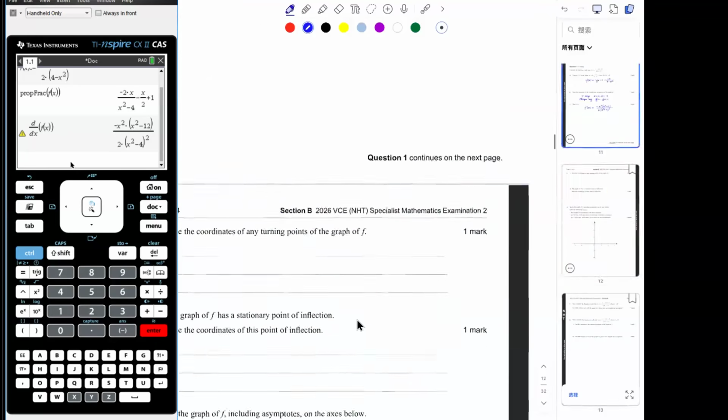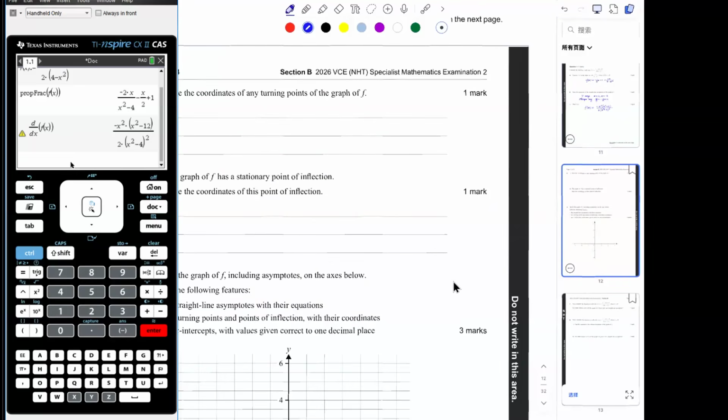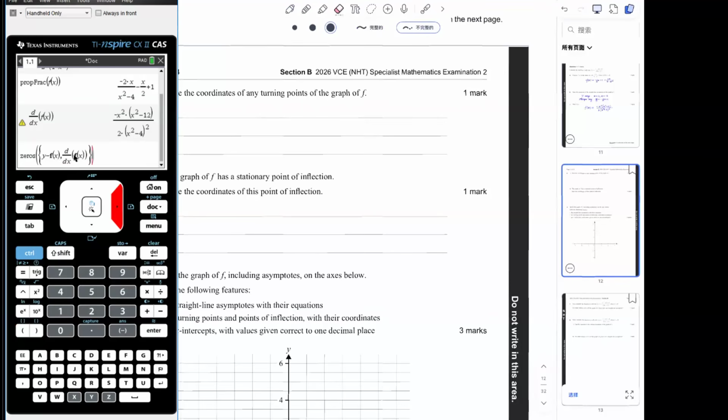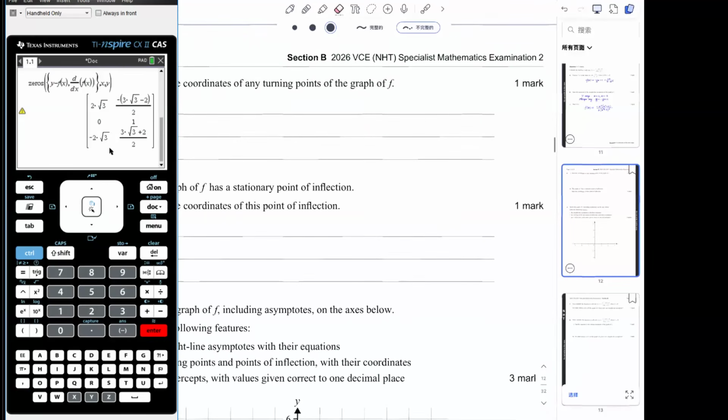And then we want to state the coordinates of any turning point and also find the stationary point of inflection. What I'll do is zeros, y minus f of x, comma, derivative, comma, xy. So I'll get 3 pairs of coordinates.